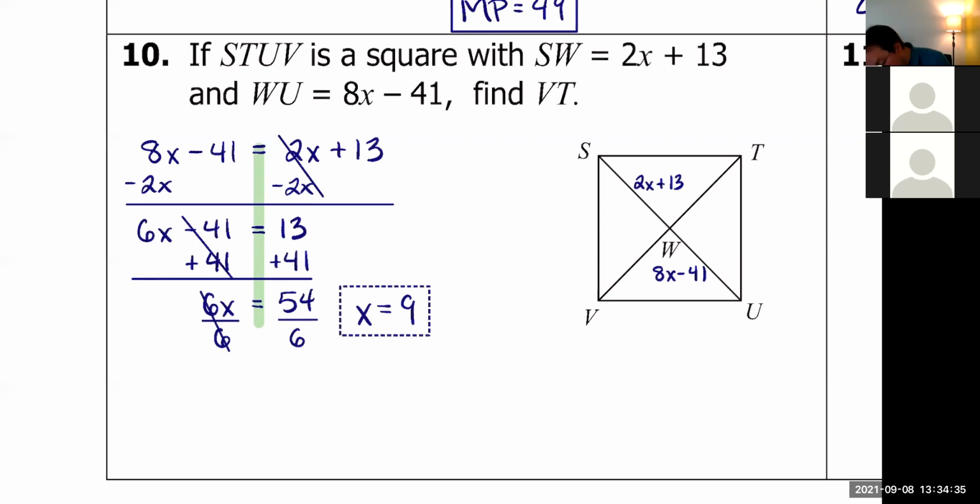So I'm going to use SW. Plugging in my x, so I have 2 times 9 plus 13. Oops. So SW, 18 plus 13, I believe is 31.